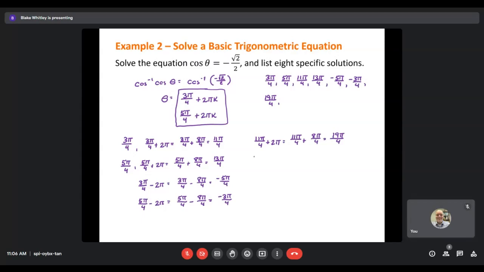And then finally, if we do the 13 pi over 4, add another 2 pi to that. That should give us 21 pi over 4. Okay. And so now I've listed out 8 specific solutions.